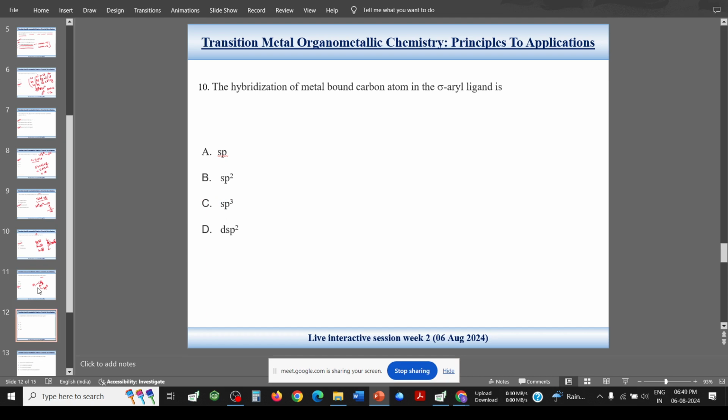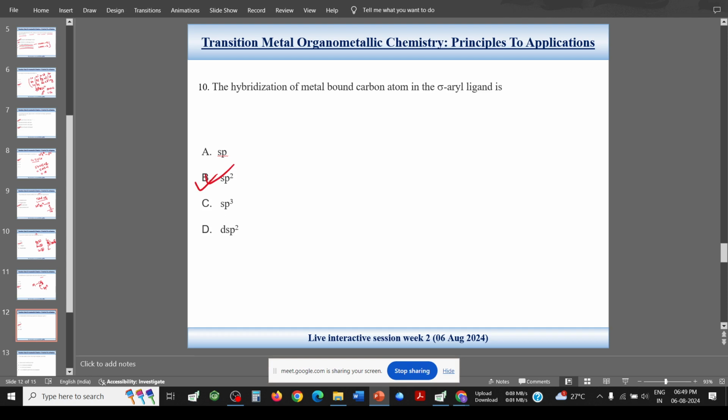Okay, very good. The hybridization of the metal bound carbon atom in sigma aryl complexes. The same question, but here we have an aryl ligand, so it will be sp2. Can you give any example?